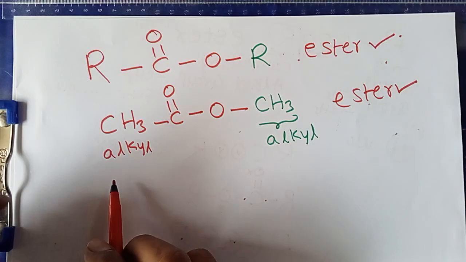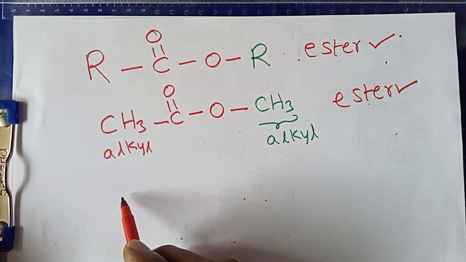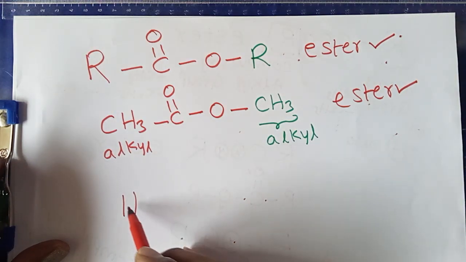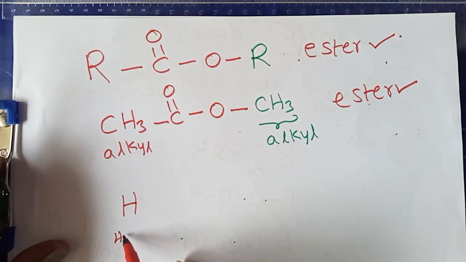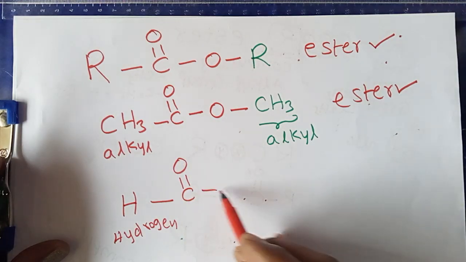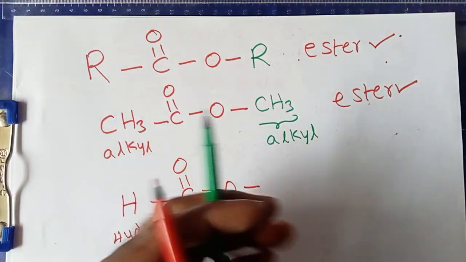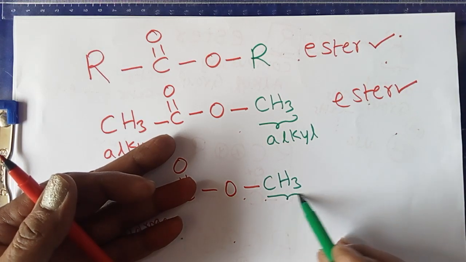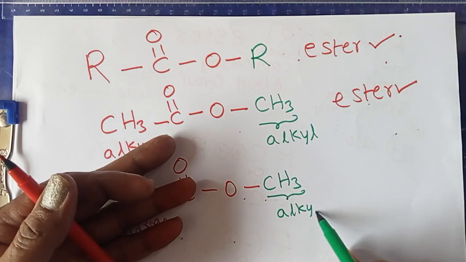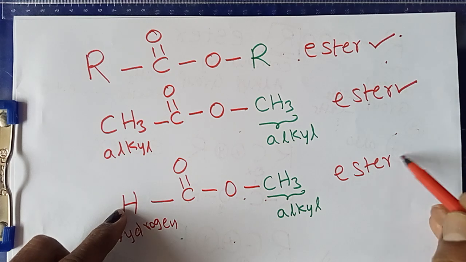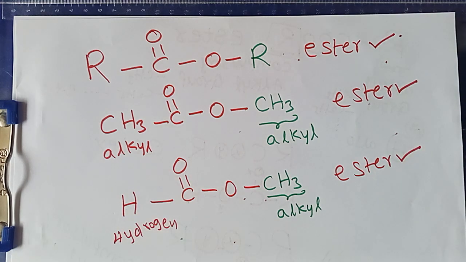Next, CH3. For example, for this alkyl group I take H, hydrogen, bond, C double bond O. This is CH3, an alkyl group. So this functional group is an ester functional group.